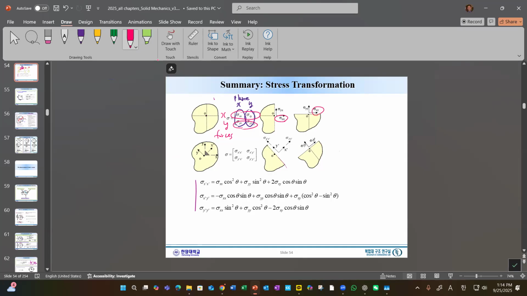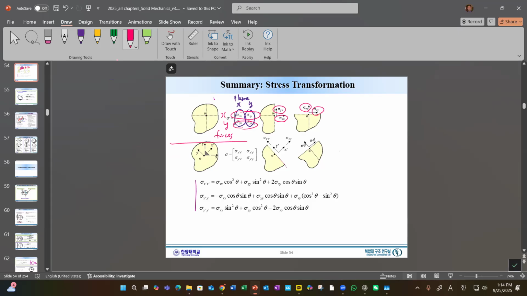But depending on the plane where it occurs, this sigma xx will be the normal force, and this sigma xy will be the shear force. And this is the y direction, and this is the y direction. Please make sure you understand that the direction of a force, but the direction of the area, is critical.